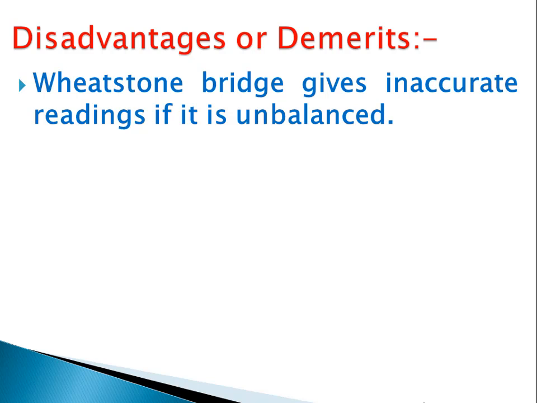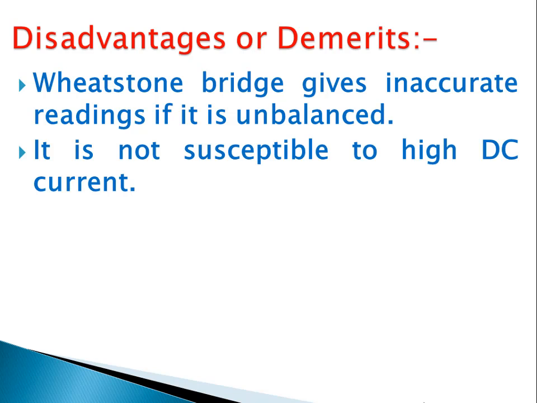In that case, it will provide an error. Next point is, it is not suitable for high DC current. That means the Wheatstone bridge circuit cannot sustain high DC current. If high DC current flows in the circuit, it may get damaged.